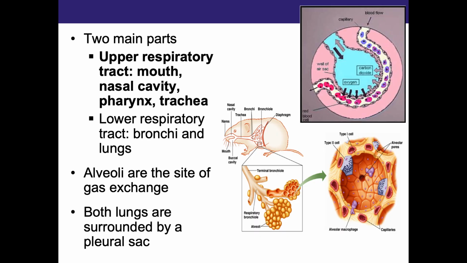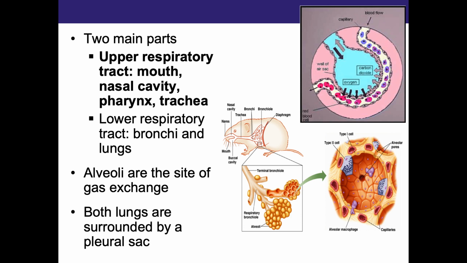We're going to dive in and talk about more details associated with the upper and lower respiratory tract. Again, there's 2 main parts. The upper respiratory tract includes the mouth, nasal cavity, pharynx, and trachea. And the lower respiratory tract, which we're going to talk about in just a second, is the bronchi and lungs.